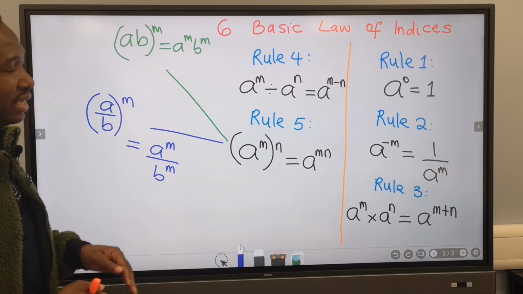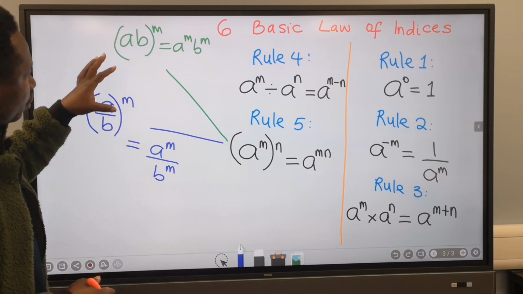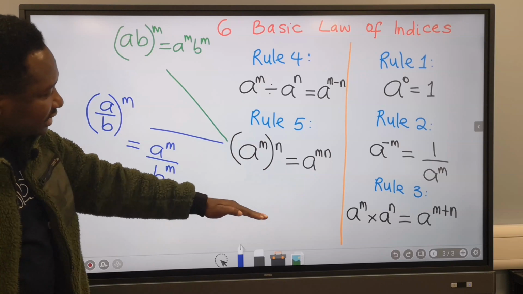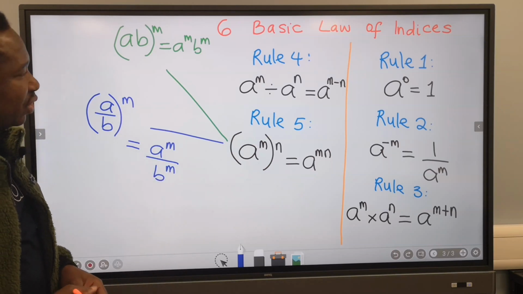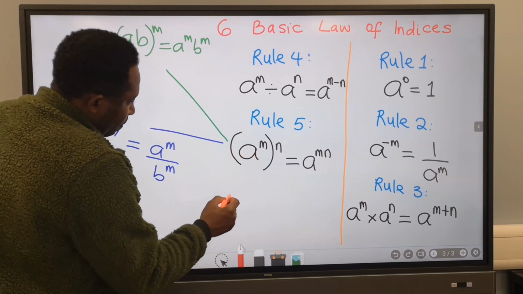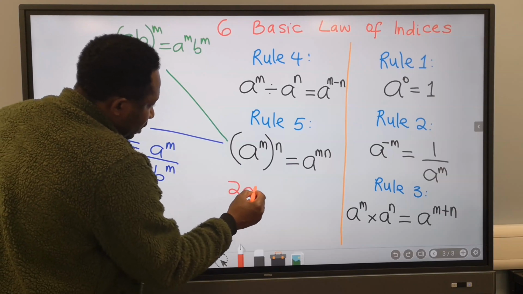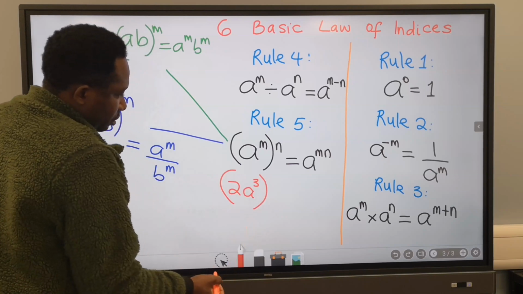Basically, we have 6 rules, but if you add these two other rules to the 5th plus the 6th rule, you end up having 8 instead of 6.